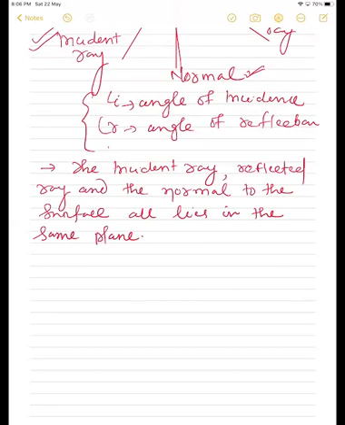Okay. And the second law is that the angle of incidence i is equal to the angle of reflection. Yes or no? The angle of incidence is equal to the angle of reflection. Correct? Yes or no?